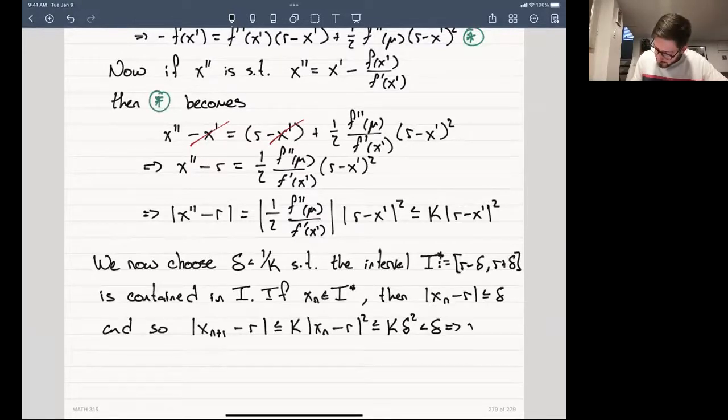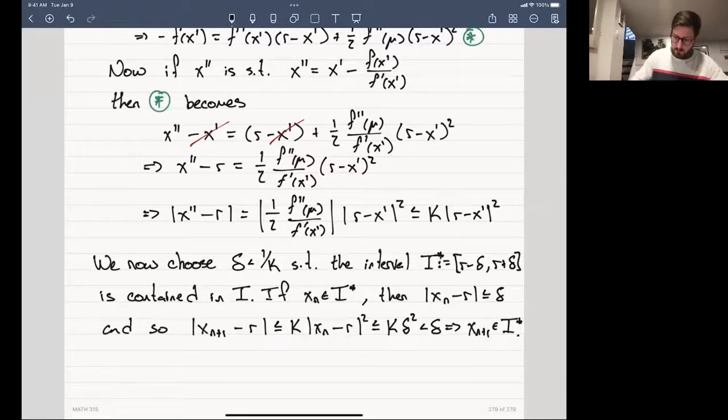That implies that xn plus 1 is also in the subinterval I star. So what this tells you is that if you pick an element in the subinterval I star, then its Newton update, xn plus 1, is also going to be in there.